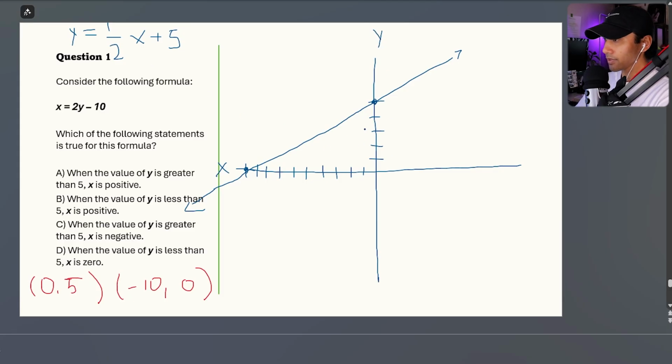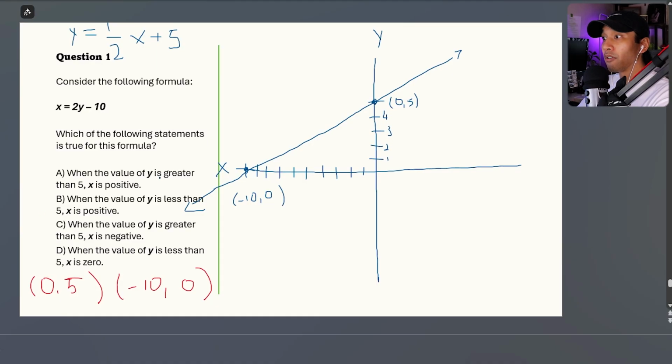Okay. So now we're going to read each statement. When the value of y is greater than 5. So remember the 5 is here. This is 0, 5. And this is negative 10, 0. And you have like 1, 2, 3, 4.